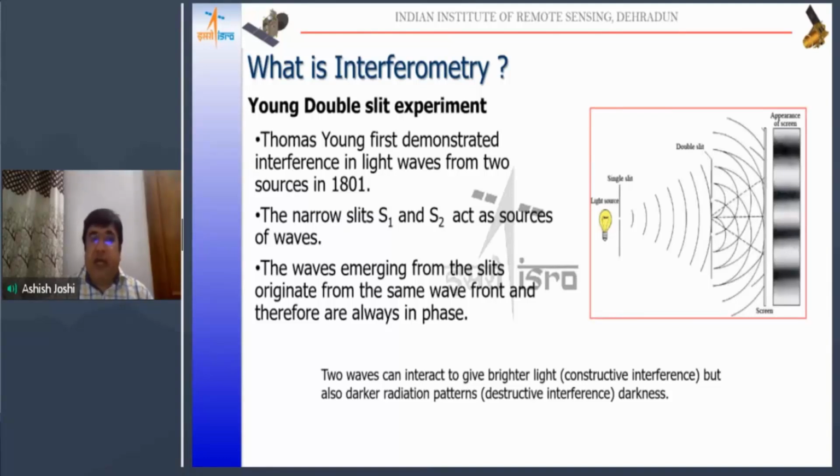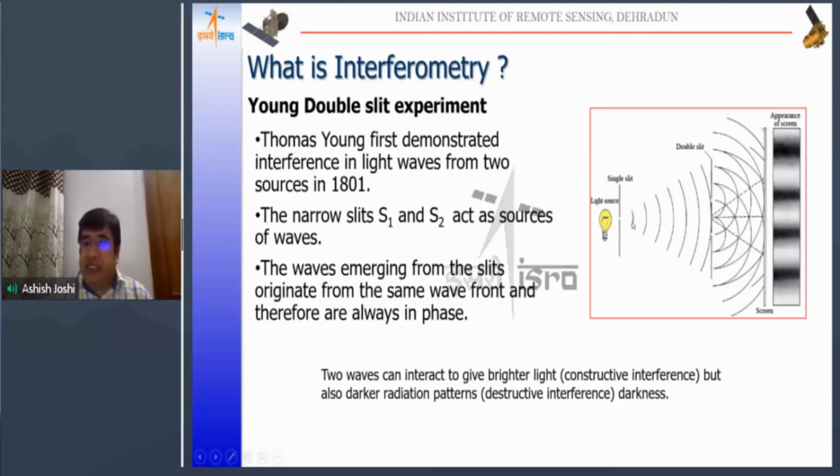In your 10th class, you studied the concept of the Young double slit experiment. That explains the concept of interferometry. The scientist Thomas Young first demonstrated interference in light waves from two sources in 1801.